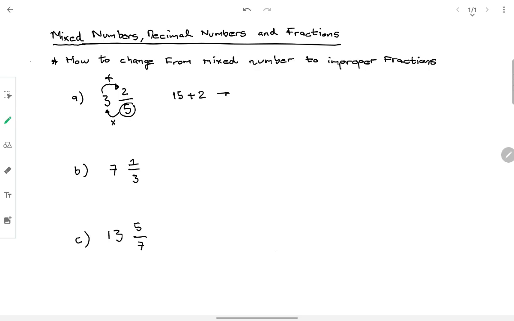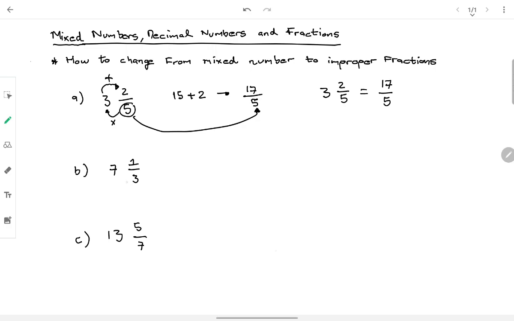That means it will give us 17, and it will keep the same denominator, 17 fifths. So that means that 3 wholes and 2 fifths is the same as 17 fifths. Let's see another example.